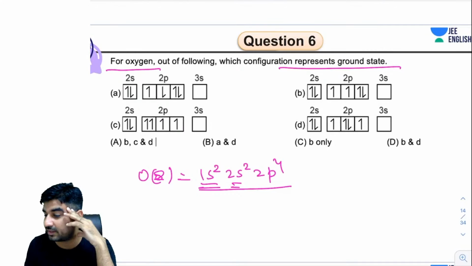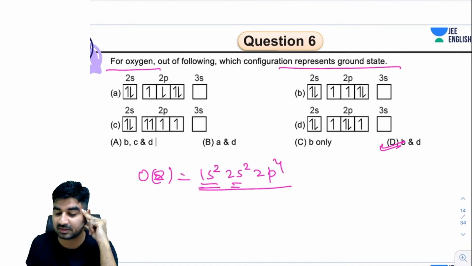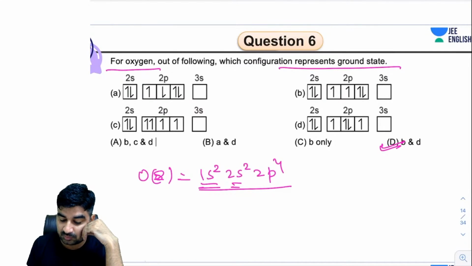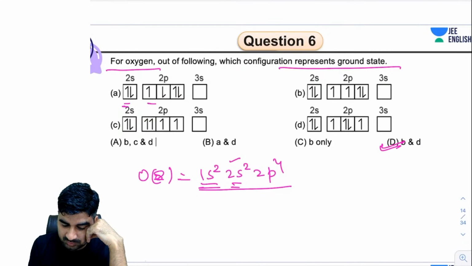First of all, count 8 electrons. Yes, D. Let me see. Count the number of electrons. There should be 8 electrons. So 2s, yes, 2p, it's correct.